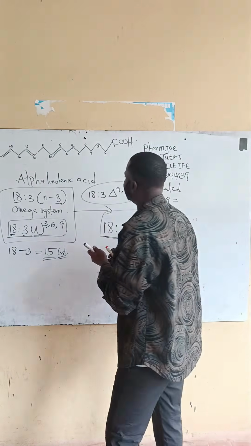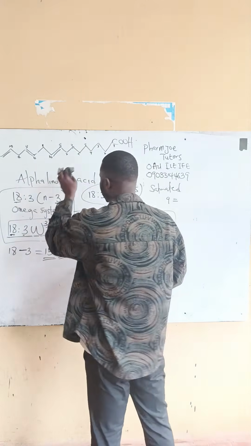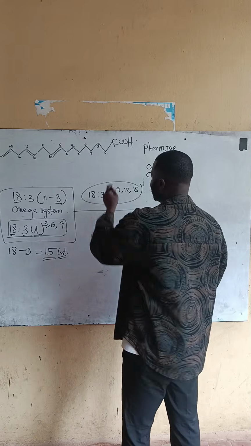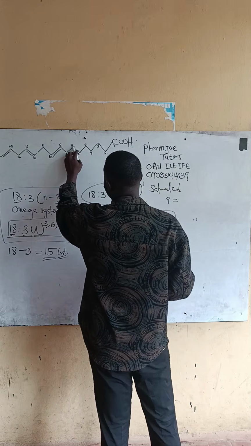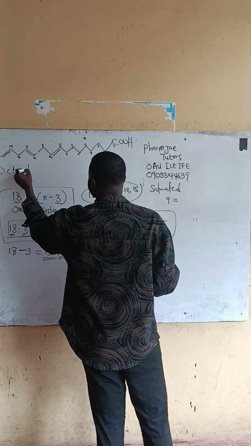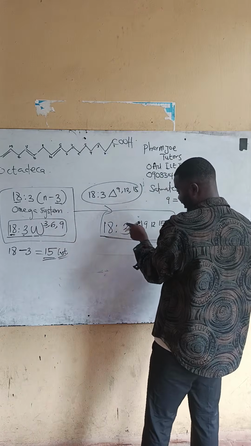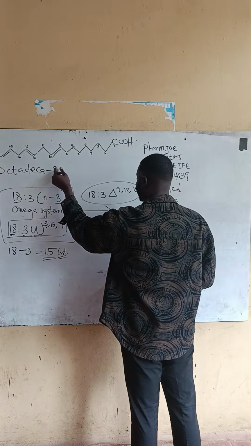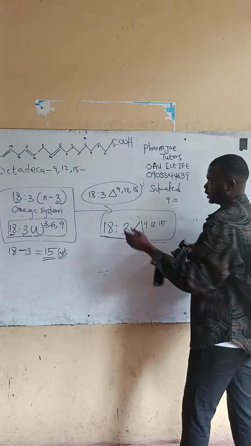Now let's give this guy a name. I think we should give this a name and I'll give you some assignments. Let's assume I'm counting from there. That's 18. 18 is what? Octadeca. Now you want to follow this delta: 9, 12, 15.